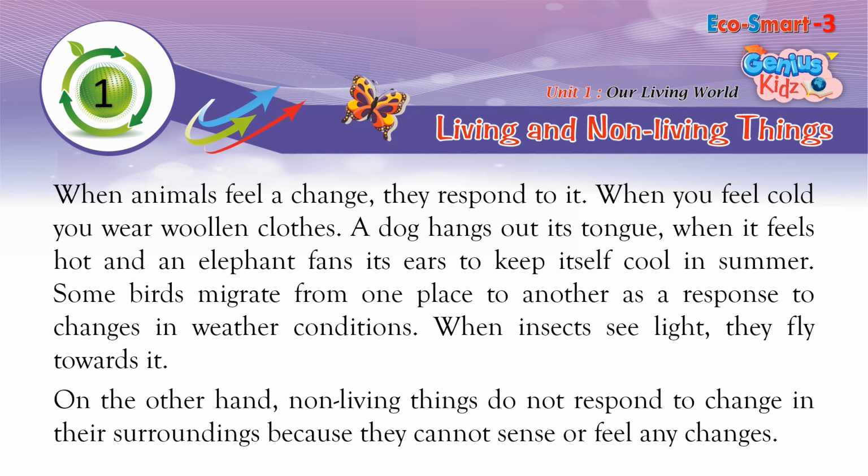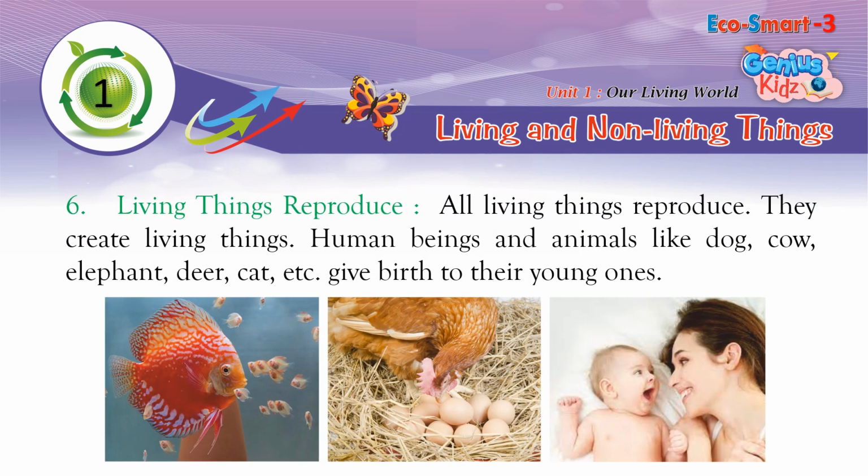When insects see light, they fly towards it. On the other hand, non-living things do not respond to change in their surroundings because they cannot sense or feel any changes. 6. Living things reproduce. All living things reproduce. They create living things.